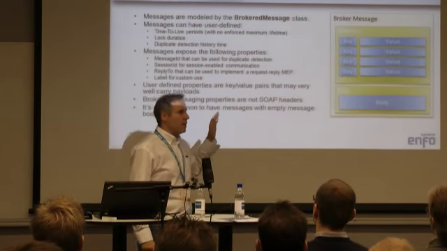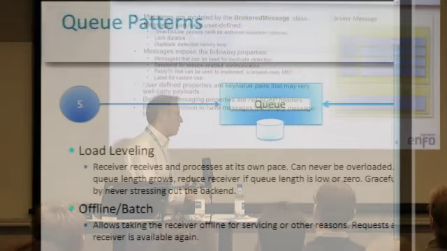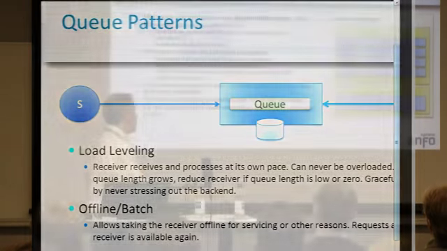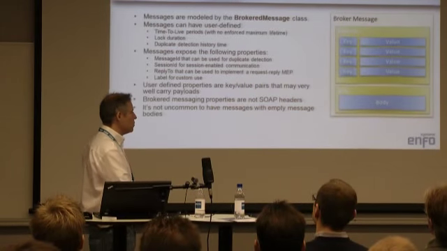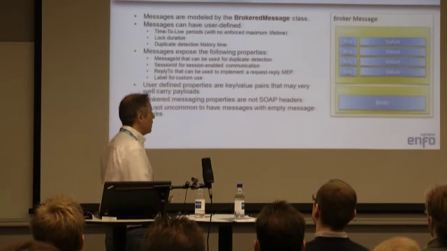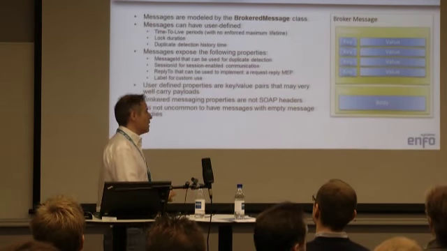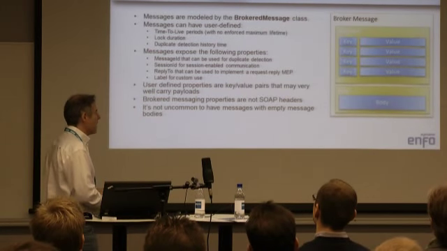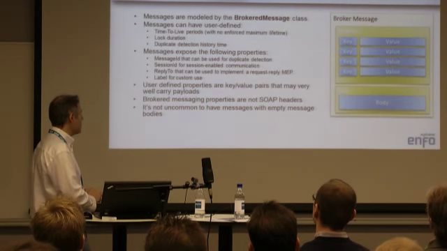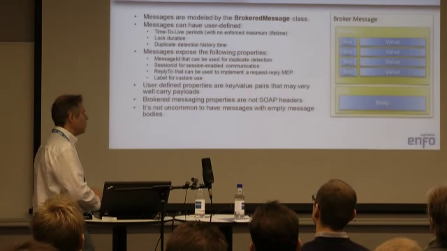So how are the messages structured in the service bus? First of all, we provide a class in the messaging API called broker message that can be used to create messages. Now, if you look in the documentation, you will realize that this message class exposes many interesting properties.